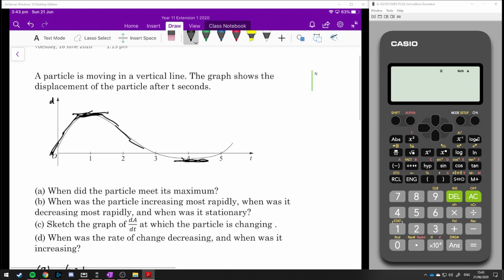Now, looking at the left side of 1, we've got an increasing function that is slowly getting shallower and shallower. It starts off a bit steep and then comes back around, getting shallower and shallower.